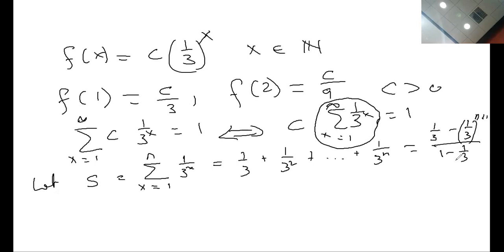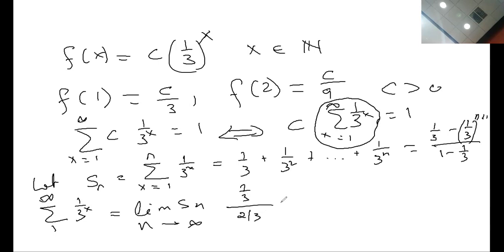So now the sum from 1 to infinity of 1/3^x will be the limit of Sn as n tends to infinity. And this limit of 1/3^(n+1) will be 0. So we will have 1/3 divided by 2/3.